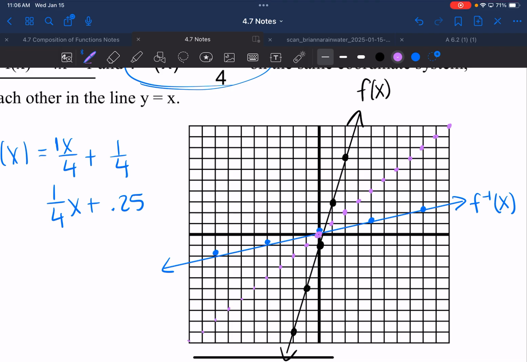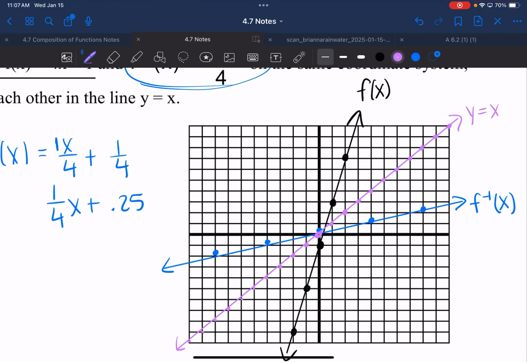So here is my line y equals x here in purple. And we're just deciding whether or not we think it looks like the black line was reflected or has symmetry over the purple line with the blue. Does that look like that? Yeah. Everything in black is equidistant from the purple line, just like the blue is, right?